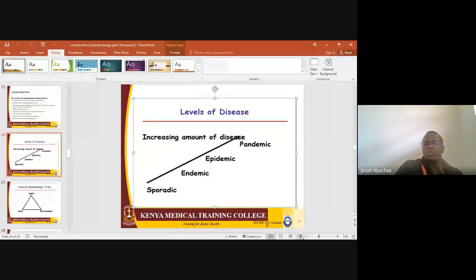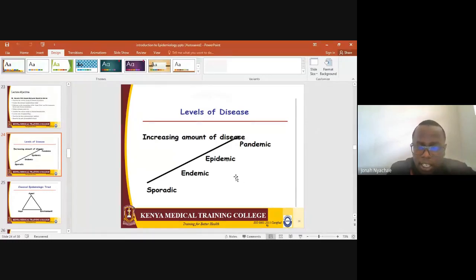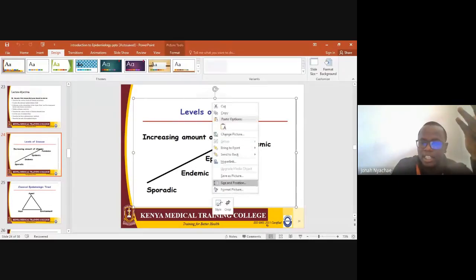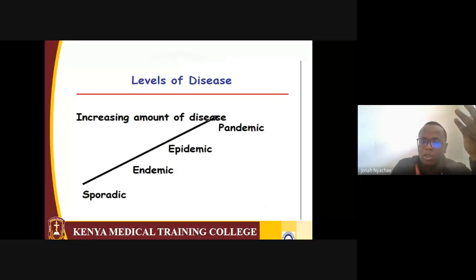There was initially one person who had it, or a dog, so it was occasional. And then there were incidences of dog bites within the community, and then we find we have had more people presenting with it. So it is within that geographical area. It has not gone beyond. So it becomes an endemic.